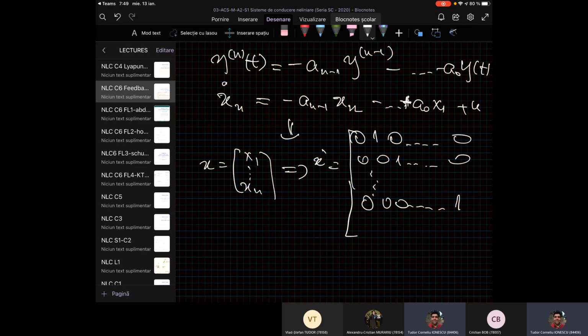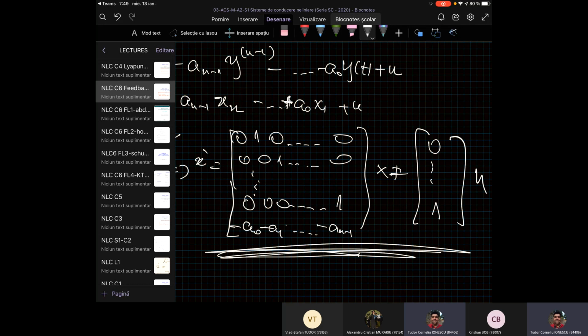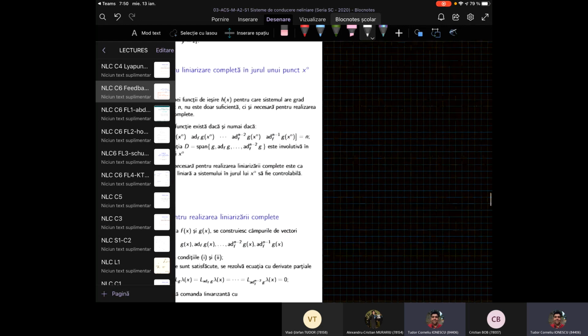And the final line is minus a_0, minus a_1, up to minus a_{n-1}, times x, plus the vector 0, ..., 1 times u. So do you recognize the normal form? This is where it comes from in the linear case, from the simple nth order differential equation. Agreed? Is it similar to what they do here?